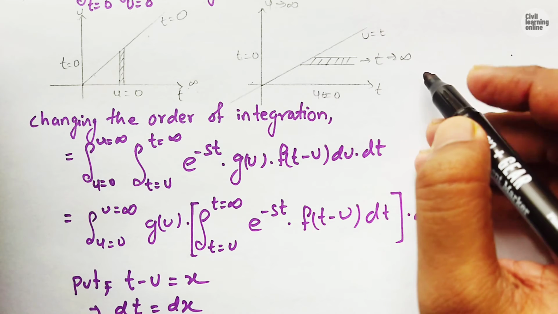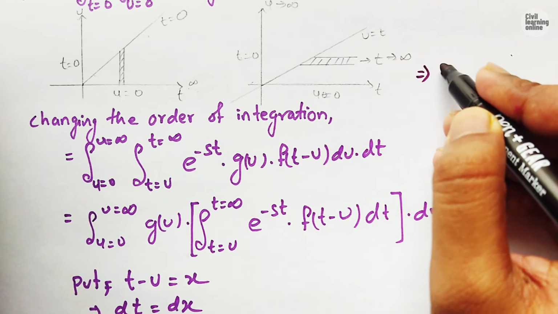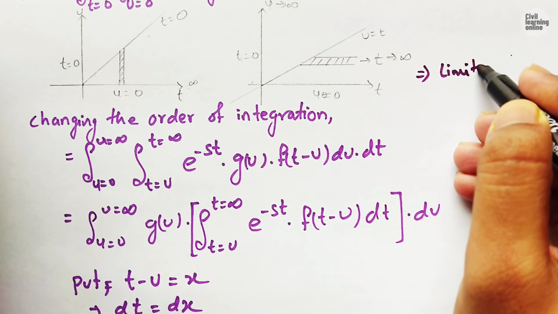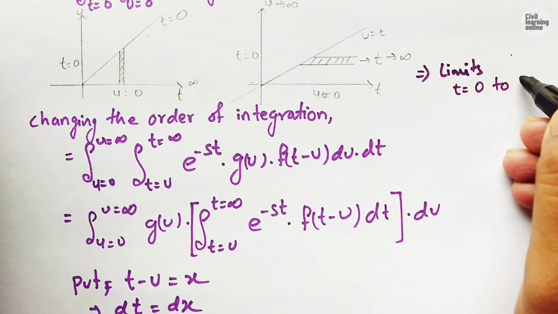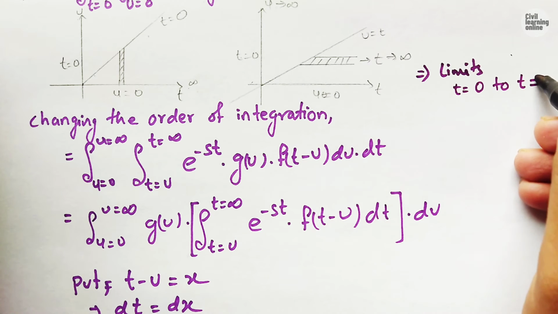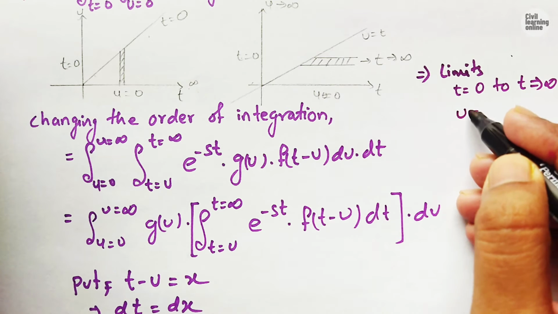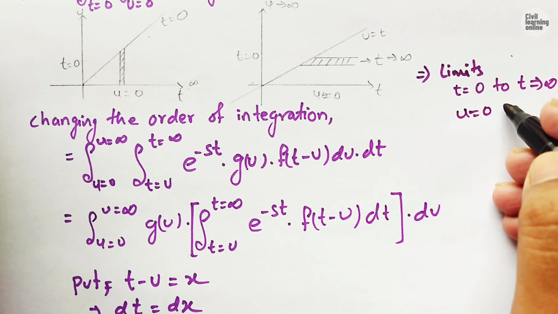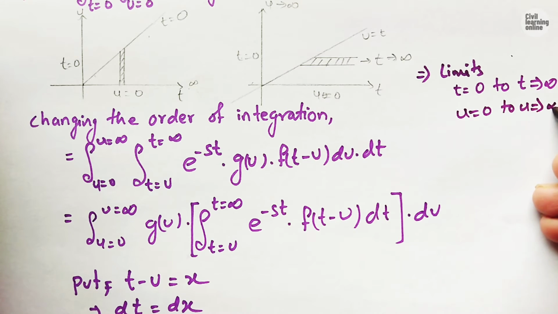So you can see here in this figure we have limits as t equals to 0 to t tends to infinity, and another assumed limit was u equals to 0 to u tends to infinity.